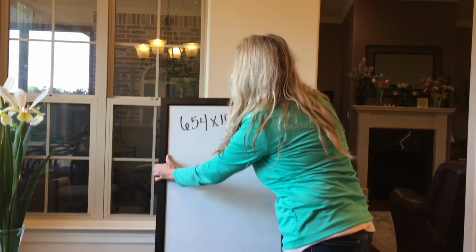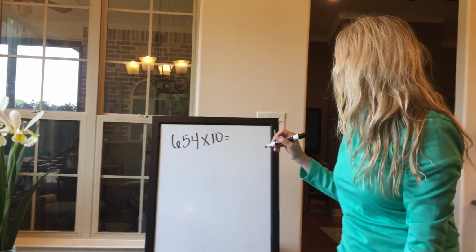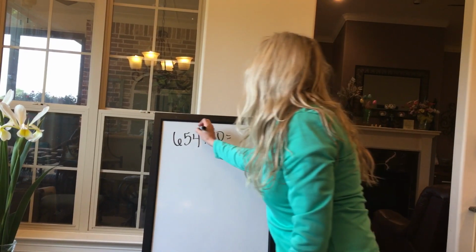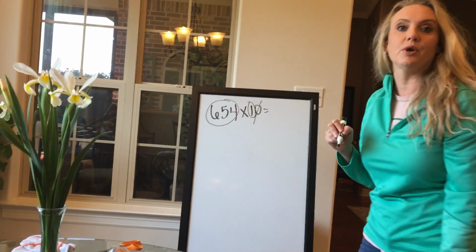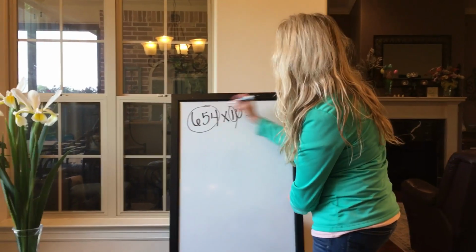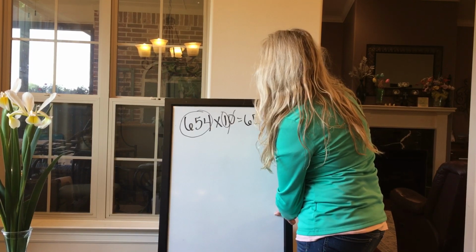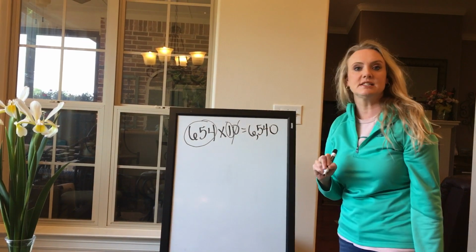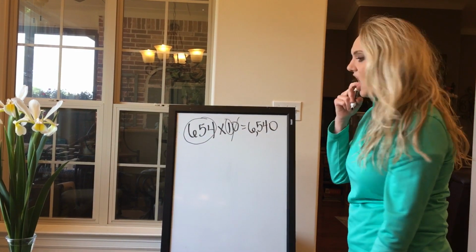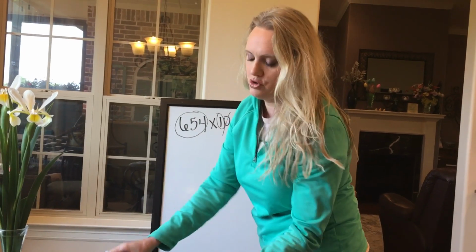So remember how we did this in class, okay? Do not try to do it the traditional way. I want you to circle the hole and slash the 0, okay? I want you to say that to yourself today. So anything times 1 we know is still that same number, and then I just pop on my 0. 6,540.